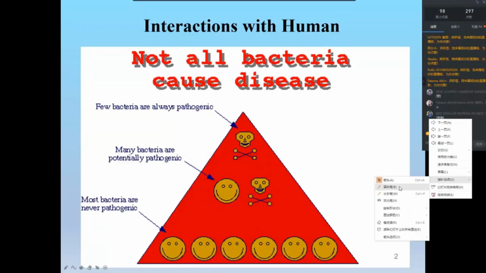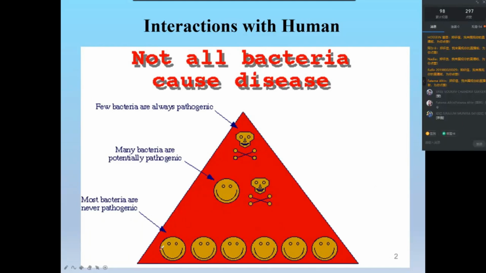We can say that they are normal microflora, or normal microbiota. They don't cause disease. They can even live with us, on our body or inside our body. They don't cause disease, so these are not pathogenic. This is the majority part of them.